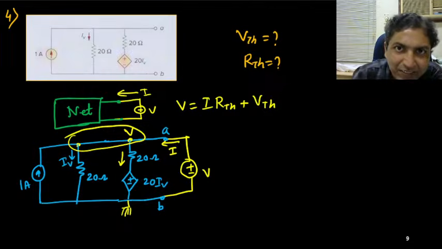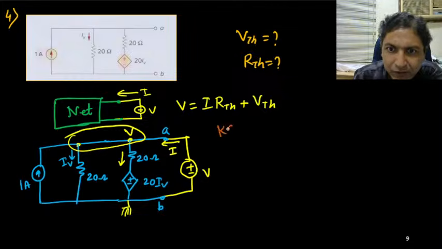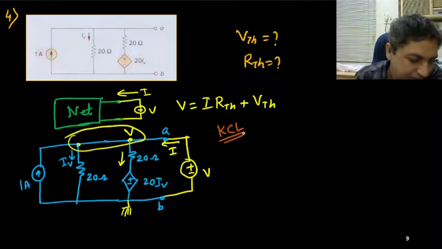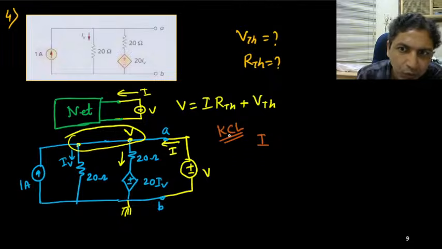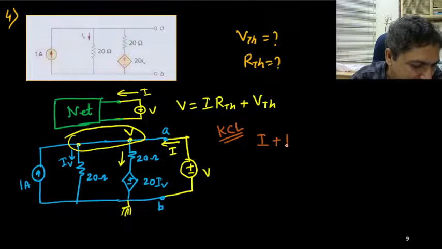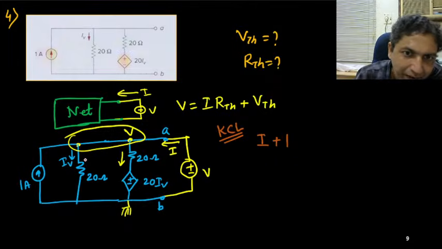So if you apply KCL, Kirchhoff's current law, what you will get? This incoming current to the node is capital I, this incoming current is 1 ampere, both are positive. I am considering incoming current is positive, and outgoing current I will consider negative, it is a minus IV.